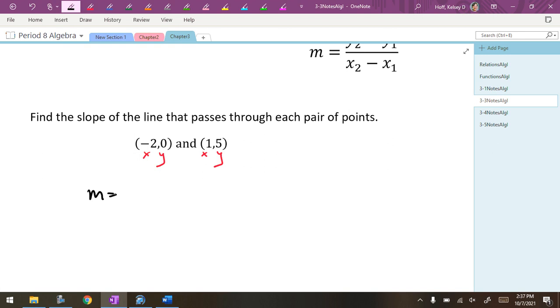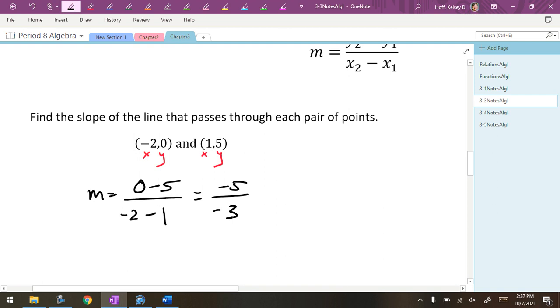Y 1. 0 minus 5 divided by. Now, if I started with 0, that means my x has to be -2 minus 1. 0 minus 5, -5. -2 minus 1, -3.